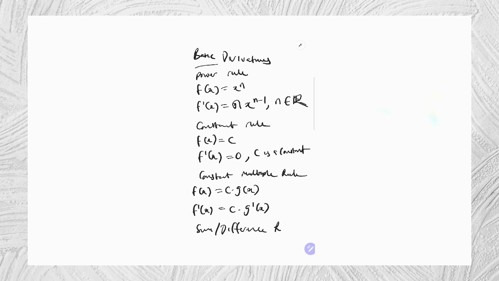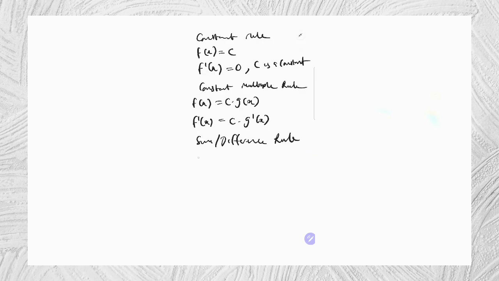For the sum/difference rule, when you have f of x equals g of x plus or minus h of x, the differentiation of f of x will give you the differentiation of g of x plus or minus the differentiation of h of x.